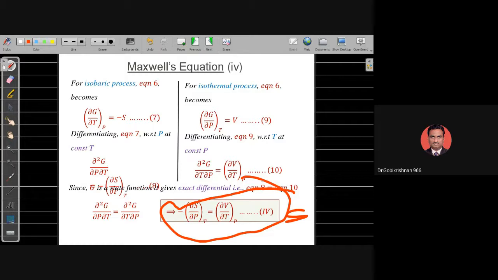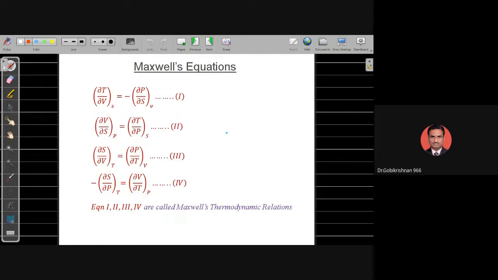Then we have to select a suitable condition to make any one of the differentials equal to 0. Then we have to differentiate twice with different routes. Different route means, pressure first, volume second is one route; volume first, pressure second is another route. Ultimately, we have to get the Maxwell thermodynamic relation. That's all.